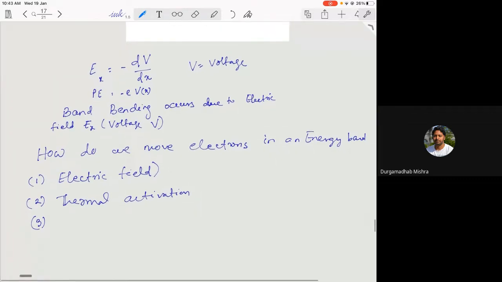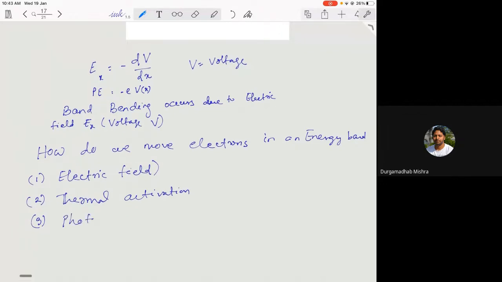Another is using photons: if you shine light or illuminate it, you can provide energy h nu. These electrons will absorb that, and then they can move within the band from occupied to unoccupied states. Any other way?